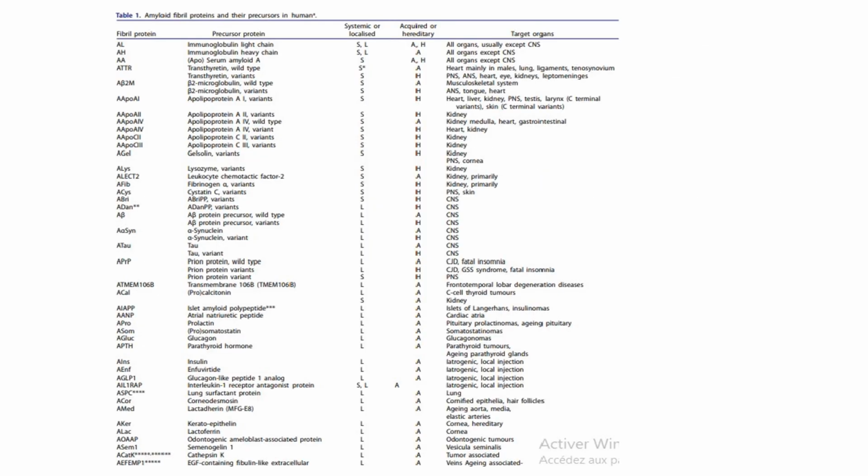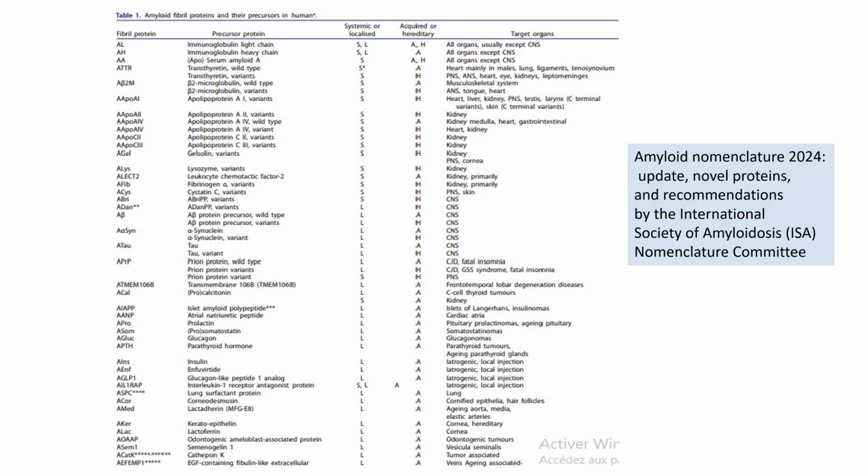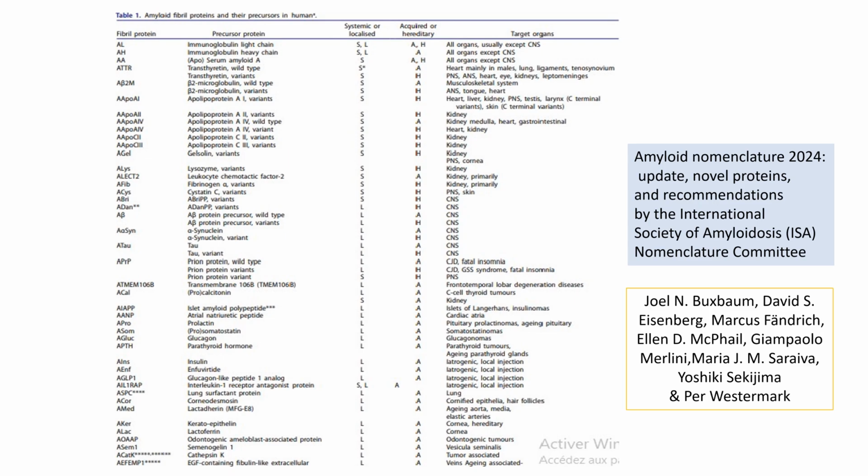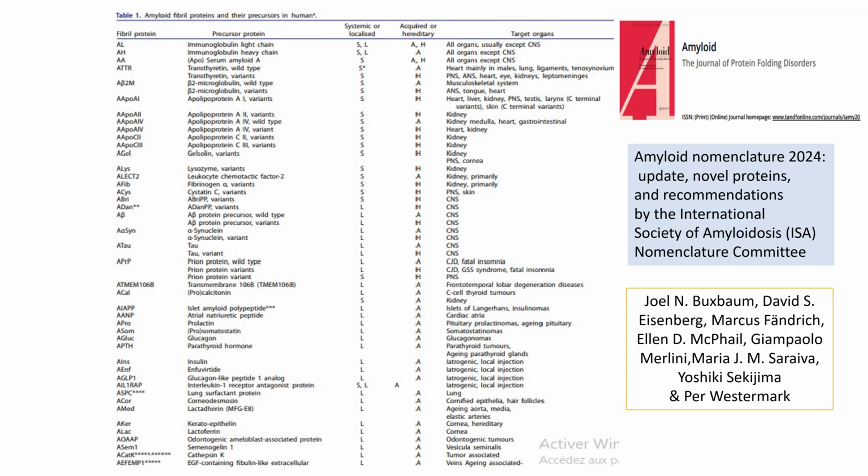The ISA Nomenclature Committee met at the 19th International Symposium of Amyloidosis in Rochester on May 27, 2024, and this committee published in Amyloid, the Journal of Protein Folding Disorders.